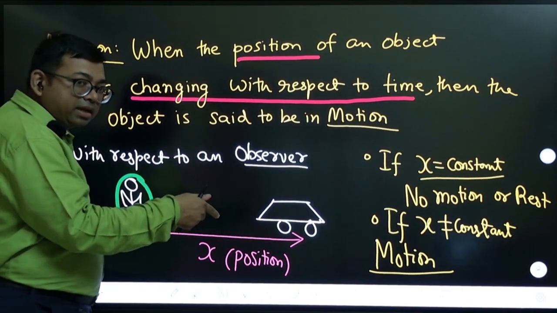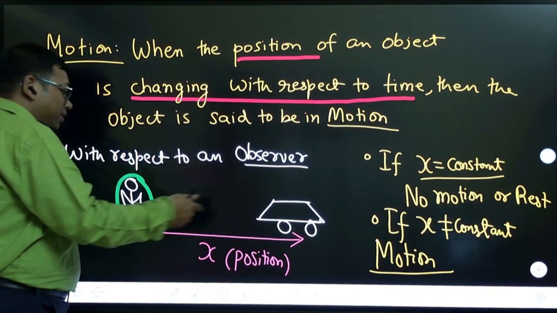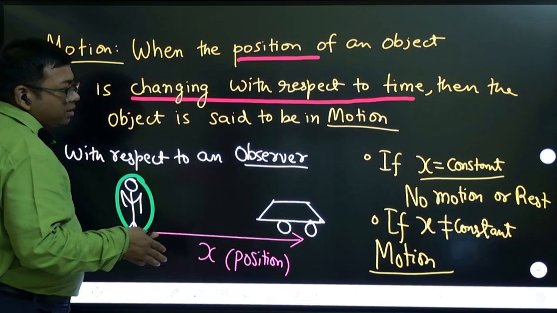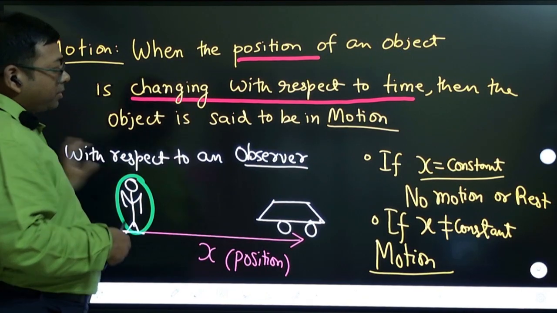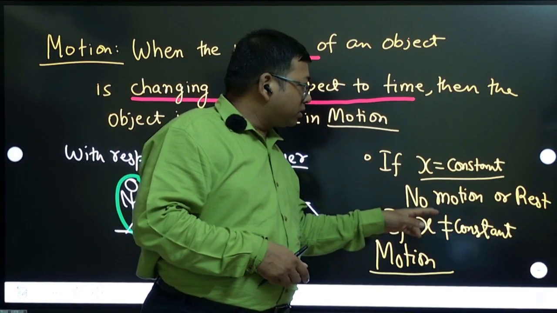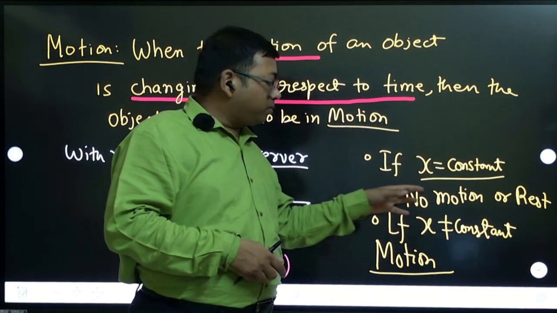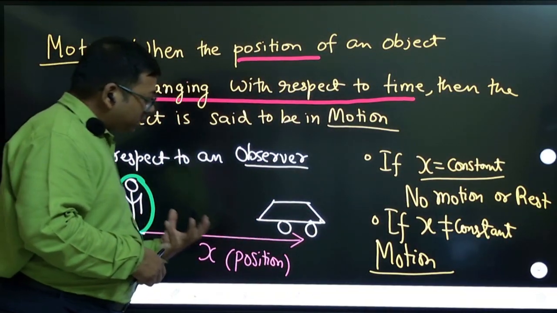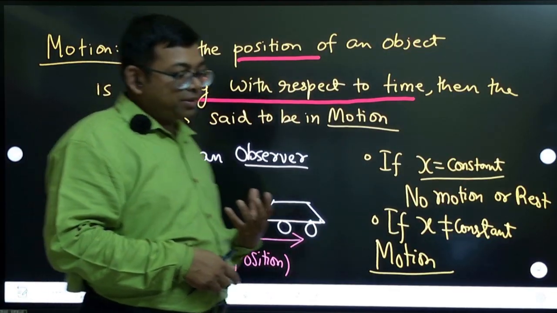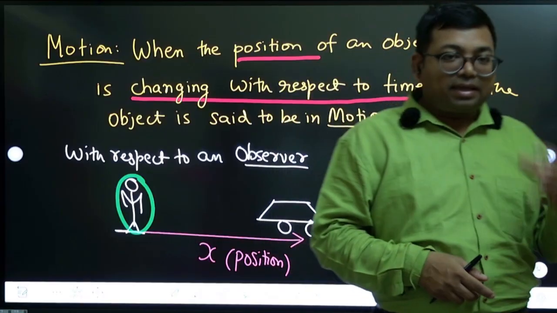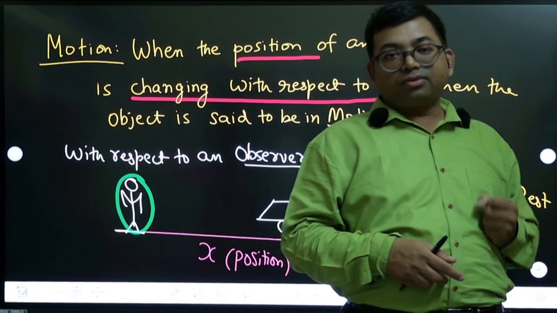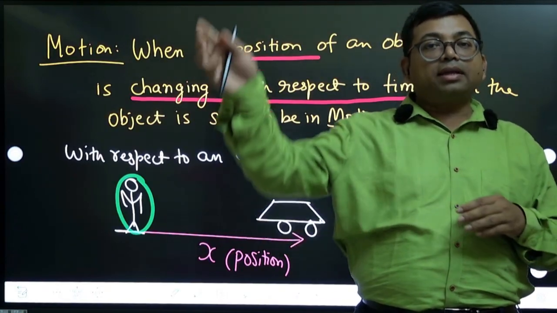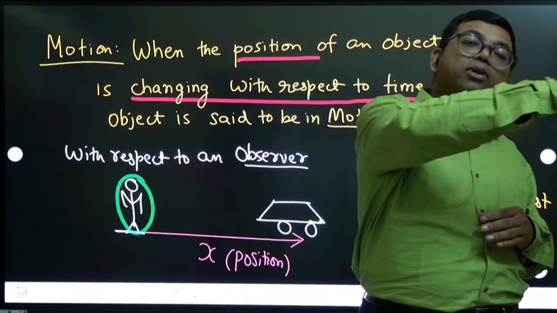He can definitely measure the distance, and if this position is changing, then he can say it is under motion. Now here a very good question can come. Suppose I say that position means distance. It is possible that a body can be at the same distance, but still the body can move.